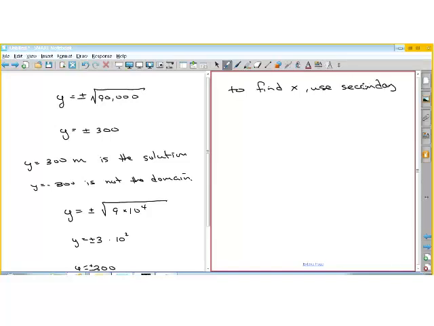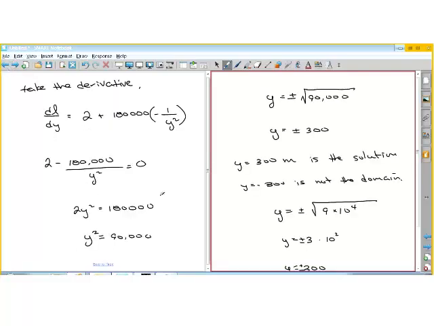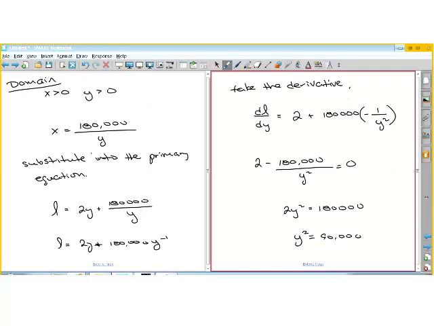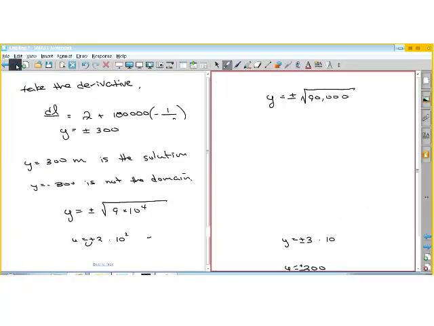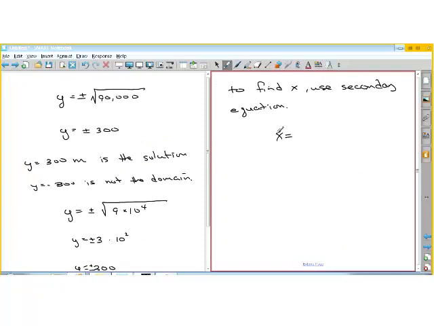Because you've already solved that in the process of rewriting it, we can go back to the secondary equation solved for x. So x is equal to 180,000 divided by y.